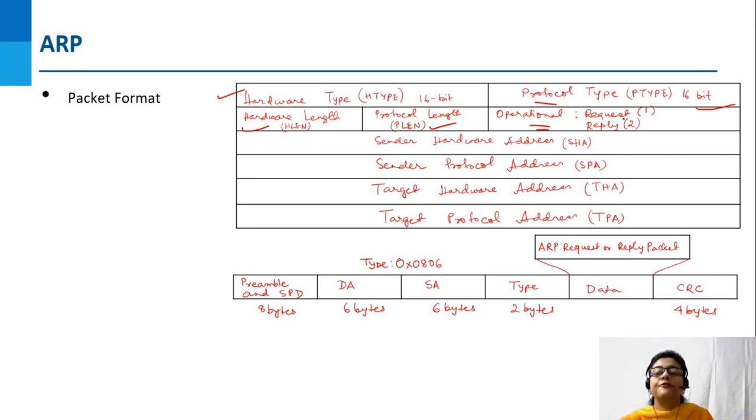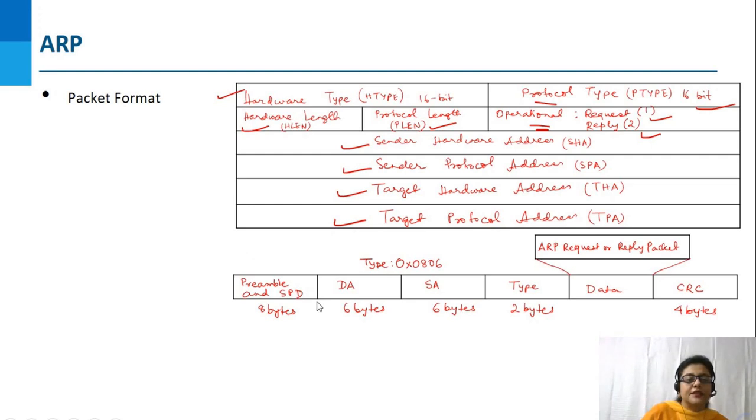This operational field can either be a request type having the number 1, or a reply type having the number 2. Then there is the sender hardware address SHA, then the sender protocol address SPA, then the target hardware address THA, then the target protocol address TPA.